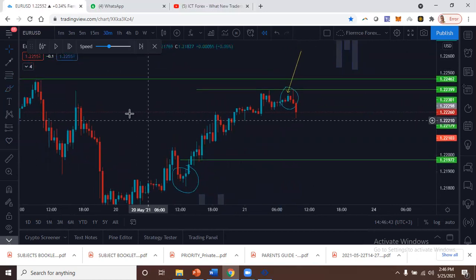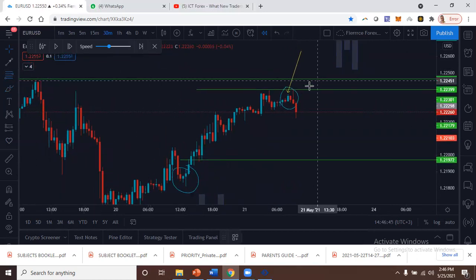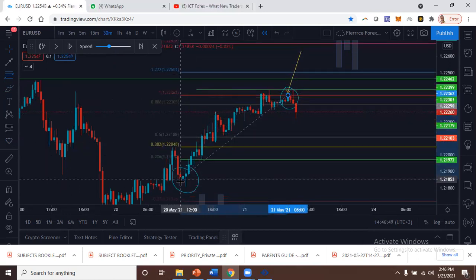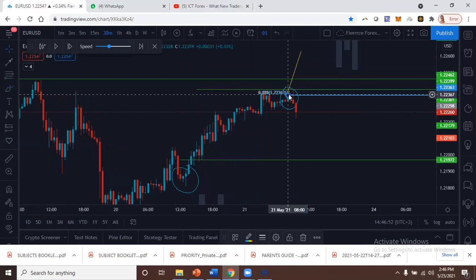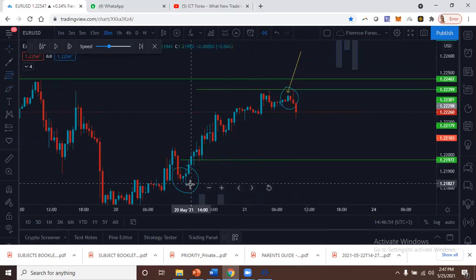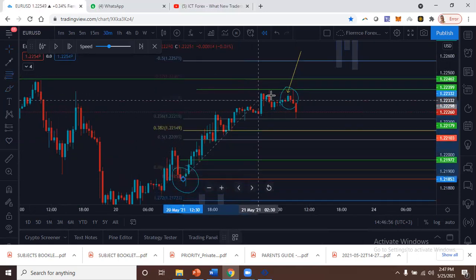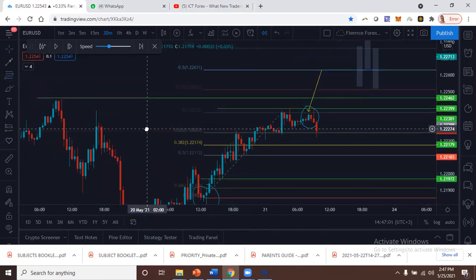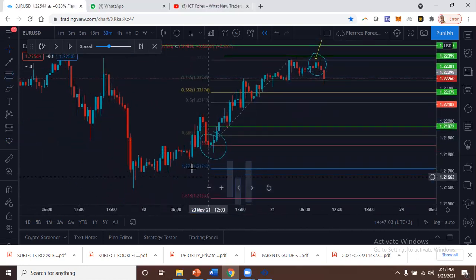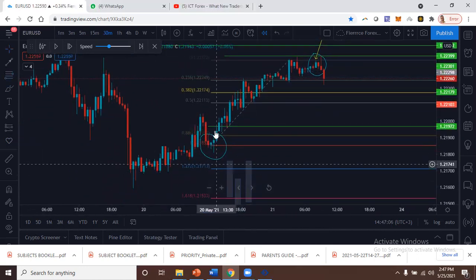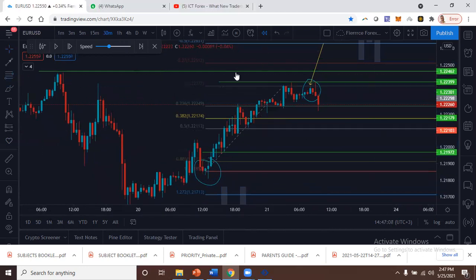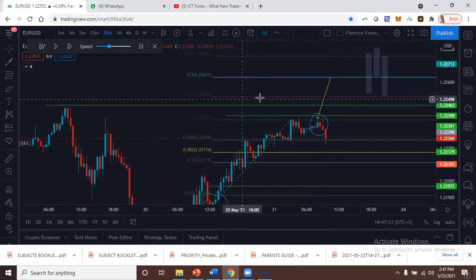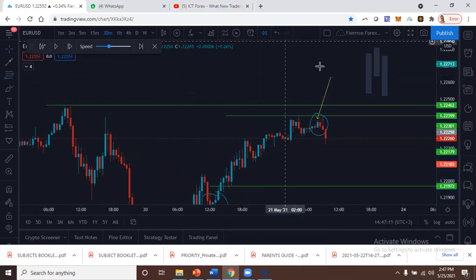So again, if I'm using the Fibonacci tool, on a sell I go from the swing high to the swing low. If I am on a buy, I go from the swing low, body of the candle, to the swing high. And for both cases, I look for the 1.272 below the candles in a buy, or vice versa, the same 1.272 above the bodies of the previous high for the sell.